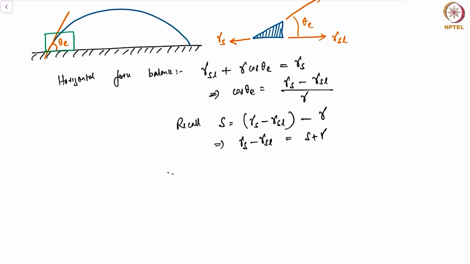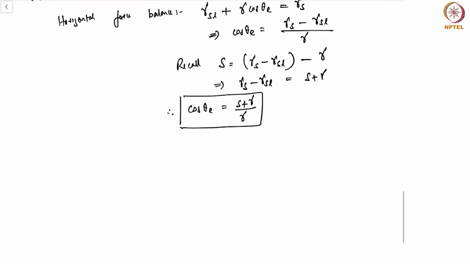And therefore cos of theta E, the cosine of the angle at the contact line, is nothing but S plus gamma divided by gamma, correct?